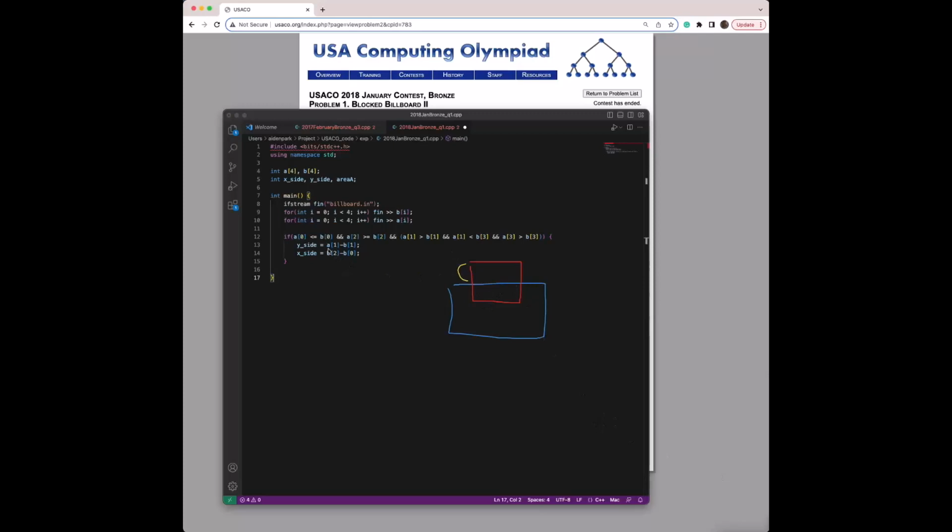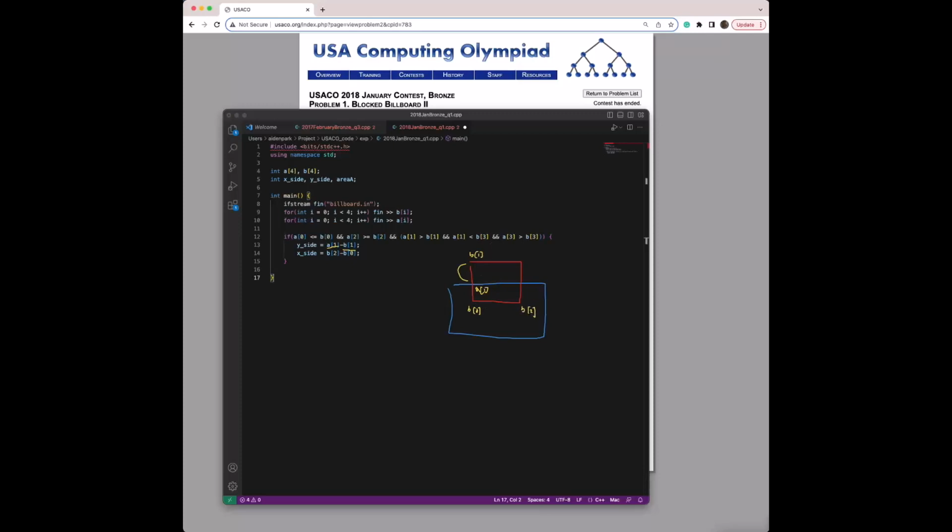the A1 minus B1. So this would be, and then the x side would just be B of 0 and B of 2.